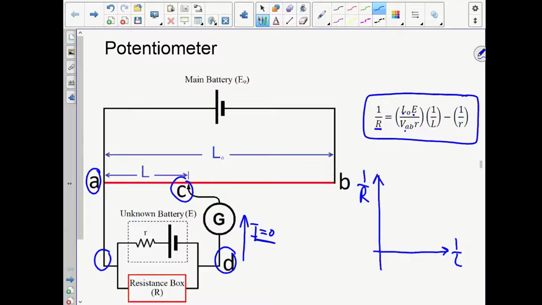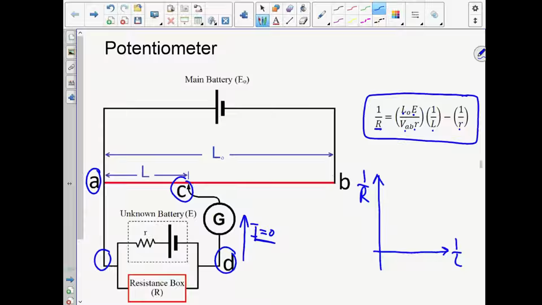And lowercase r is the internal resistance of the unknown battery. L is the length at which the balance condition occurs.